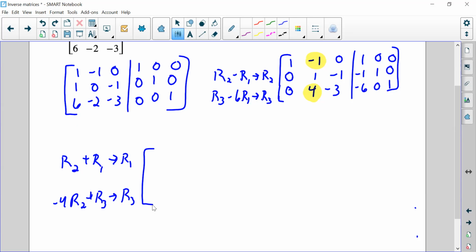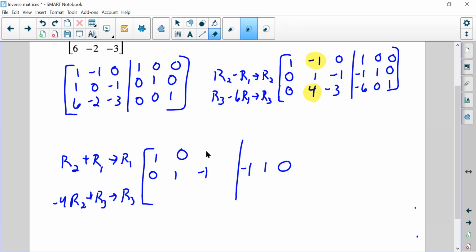See how I'm lining up my options with the rows I'm working with? So row 2 is staying the same, so that's 0, 1, -1, -1, 1, and 0. So when I do this R2 plus R1, that'll give me a 1, 0, -1, sorry. -1 plus 0 is -1.